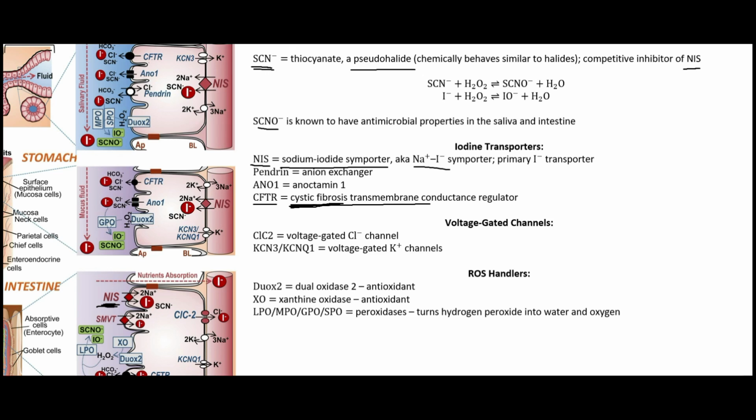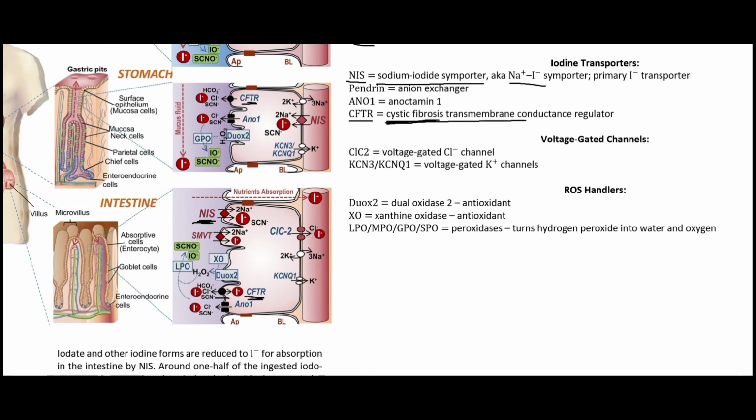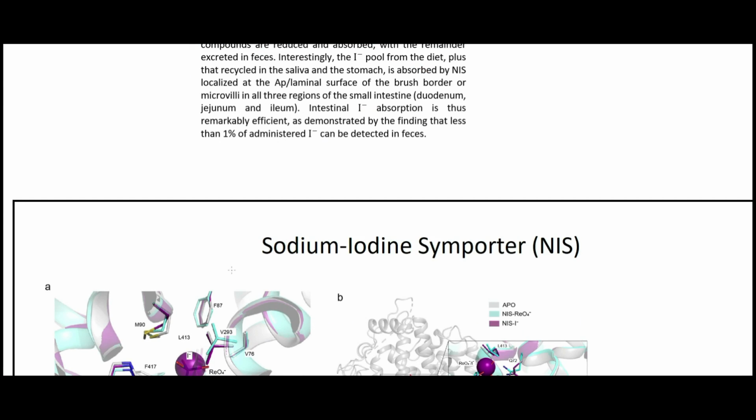We see the CFTR here pumping iodine out in the saliva and in the stomach. But in the intestine, it seems to be going in both directions, so they have this double arrow here for the CFTR activity in the intestine, which is where we are going to be interested.